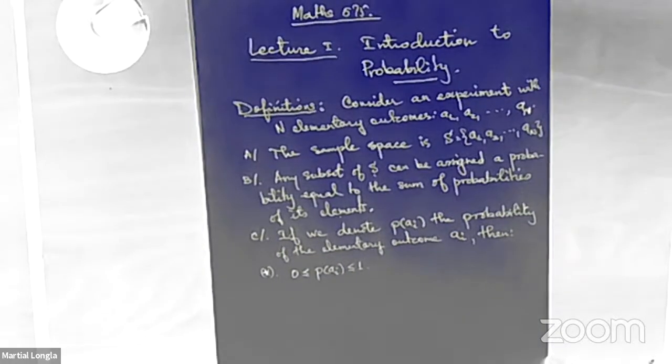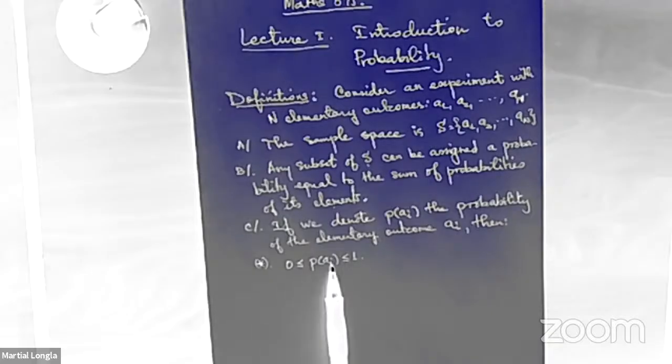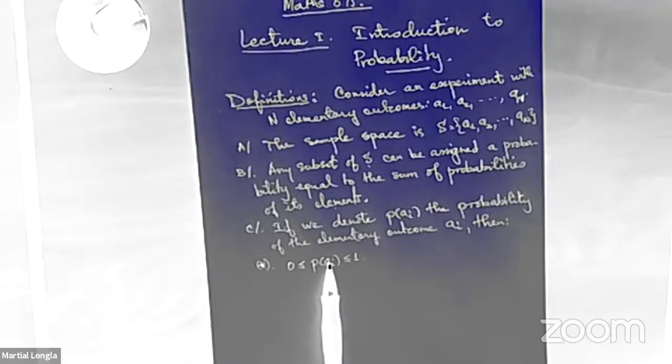So if somebody defines for you a probability on the sample space, and you figure that the value of that function for one of the outcomes is not between 0 and 1, then it's not a probability. So the probability of every single event must be between 0 and 1.